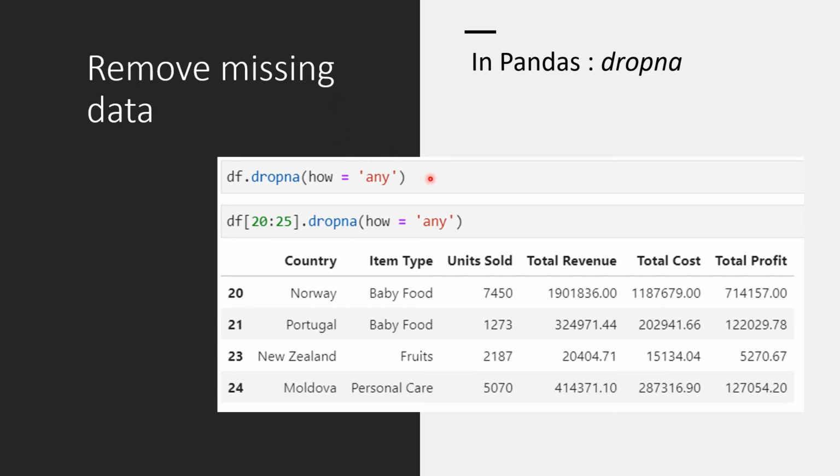Here, just for presentation purposes, I have sliced the data from index 20 to 25 because we already know we have a NaN in index 22. And you cannot see that anymore in the data frame. Anyway, this may not be a good option when having missing data.